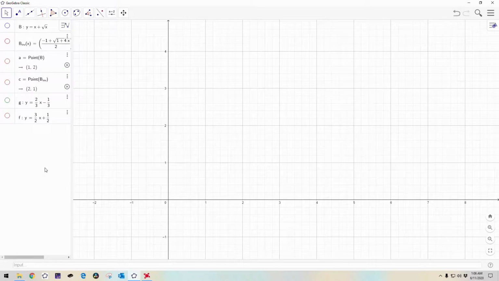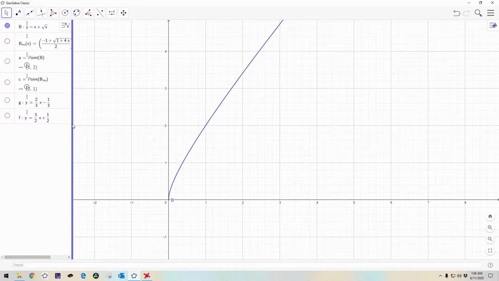Just to give a visual side to this problem, let's go ahead and look at it here. Our function b of x was x plus the square root of x. It has this kind of bent shape right here. You can see it's more curved at the origin, sort of starts to straighten out, but it's always a little bit curved.